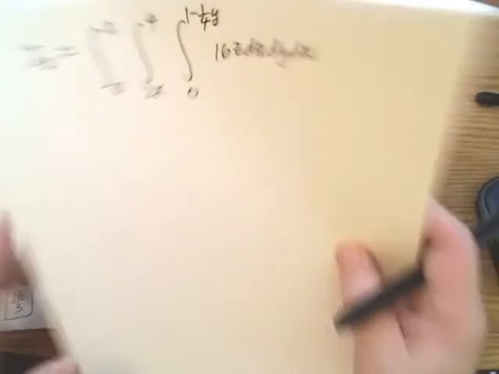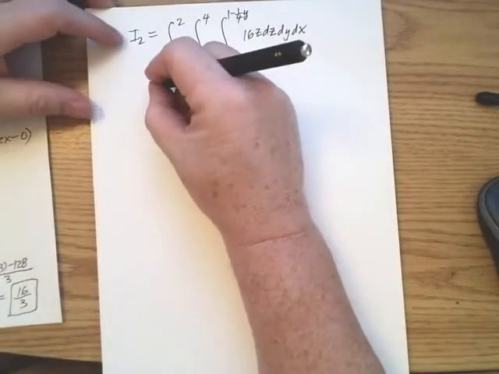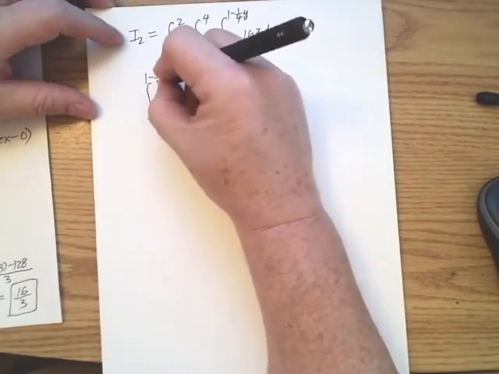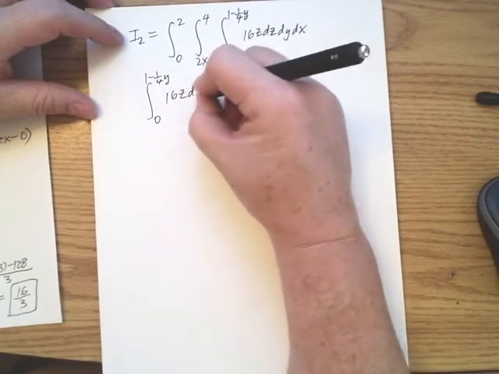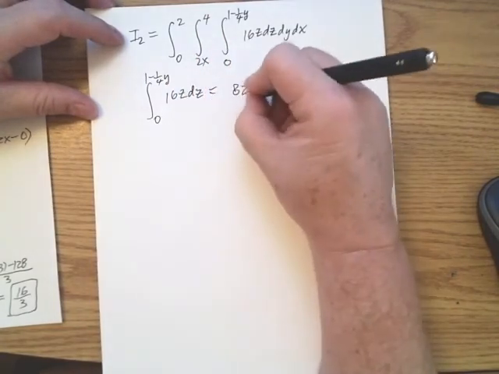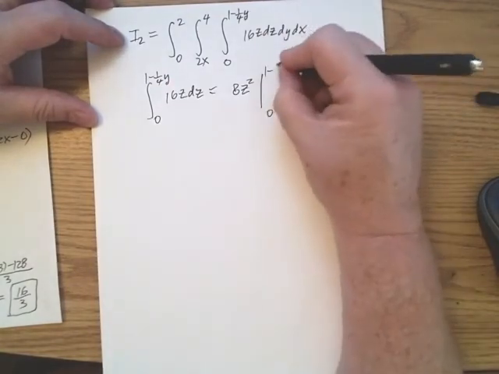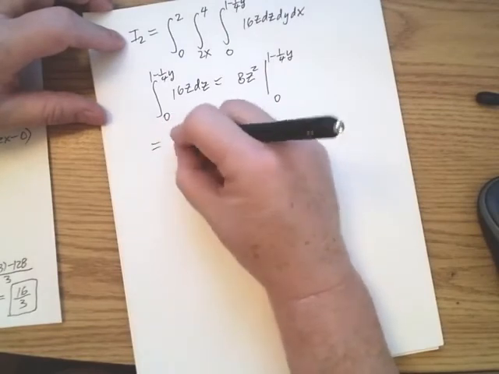Okay, we have to start over again with a second integral. Let's go ahead and work this one. Okay. No reason to wait here. 16z dz. Once again, that's 8z squared. Z goes from 0 to 1 minus a quarter y, so very similar to the previous.